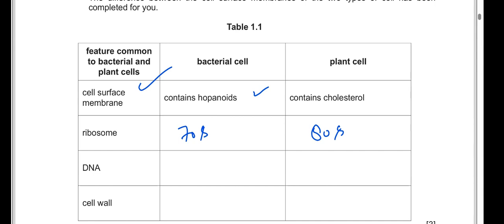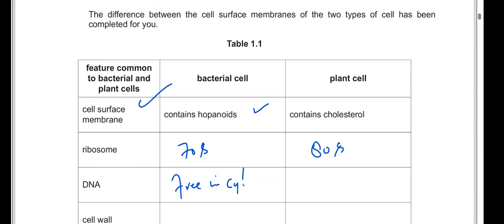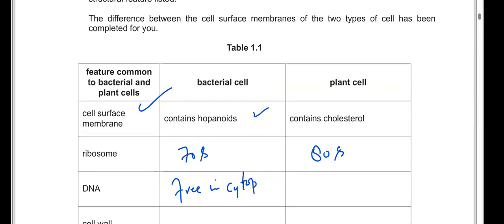DNA in a bacterial cell is free in cytoplasm, and we can also say that DNA is without the protein histone. Whereas DNA in the plant cell is associated with the protein histone and is enclosed in the nucleus. So we can say it is enclosed in the nucleus of the cell.